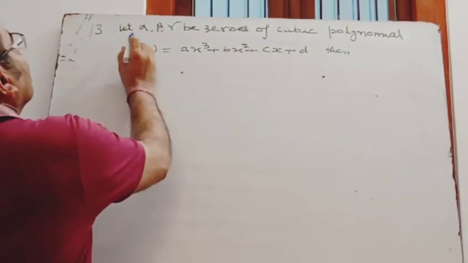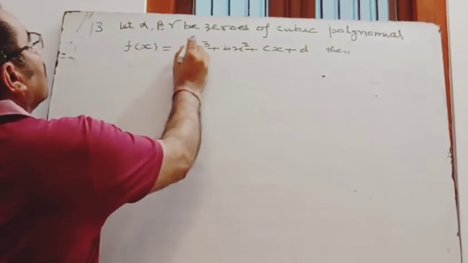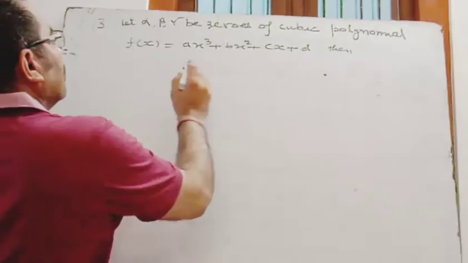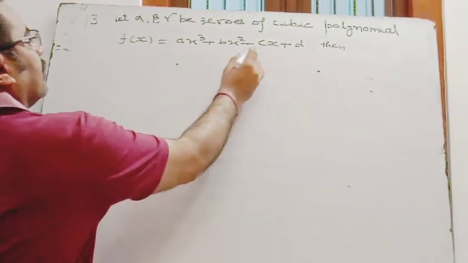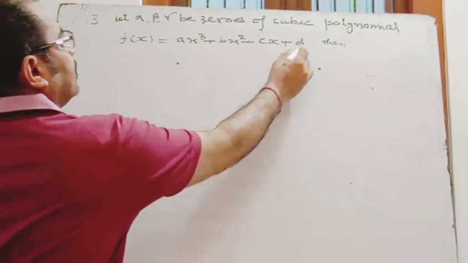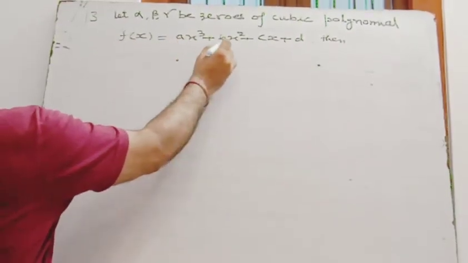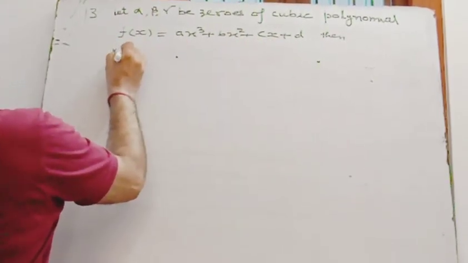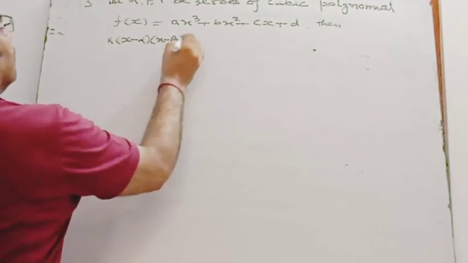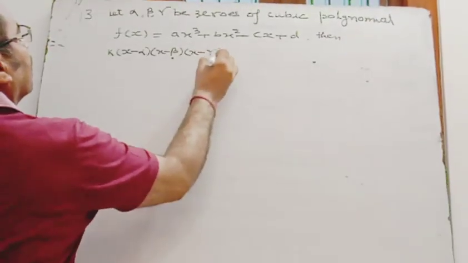Point 3. Let alpha, beta, gamma be zeros of cubic polynomial f(x) = ax³ + bx² + cx + d. Then by factor theorem, ax³ + bx² + cx + d will be equal to k(x - alpha)(x - beta)(x - gamma).